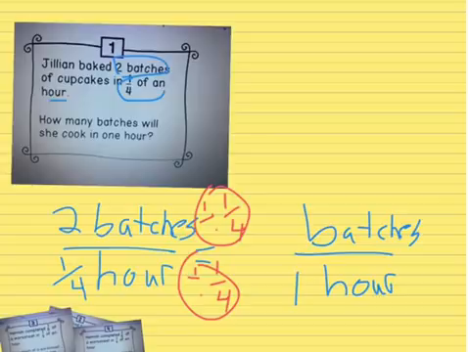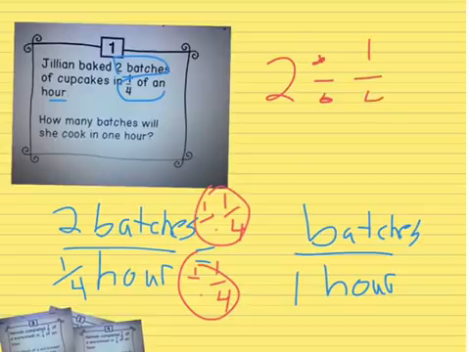So I'm going to write that up here. So 2 divided by 1/4. Well, I'm dividing by a fraction, so I'm going to put the 2 over 1, and now do keep, change, and flip. So keep the 2 over 1, change this to multiplication, and flip my 1/4 to 4 over 1.